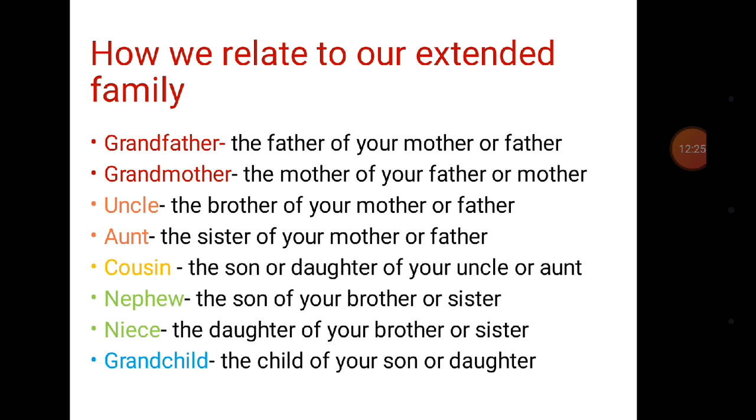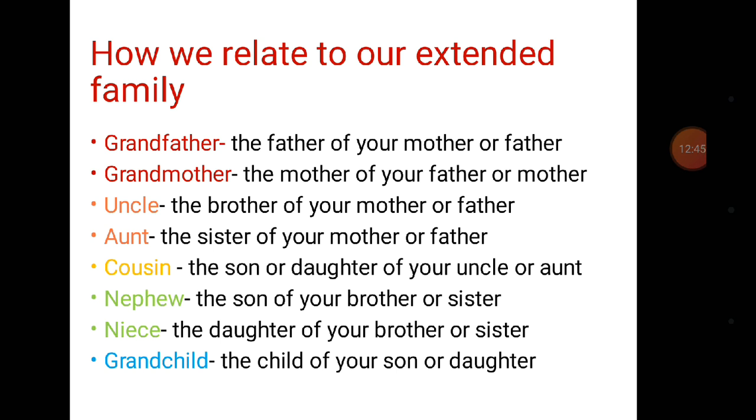Then grandchild. What is your relationship with your grandchild? A grandchild is a child of your son or daughter. So if I give birth to a girl and my daughter gives birth to another child, that child is my grandchild.